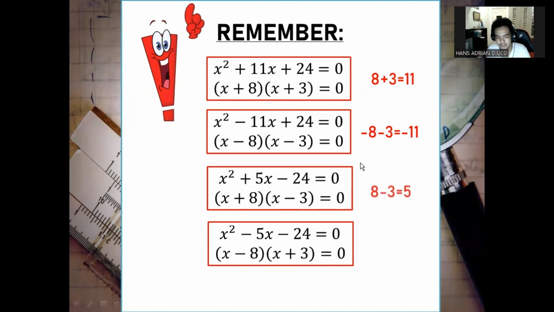In this case, 8 minus 3 is equal to 5. Same with the fourth one, overall they're both negative. So remember, it's always the difference. For the first two, you're adding, and for the last two, you're subtracting: -5.